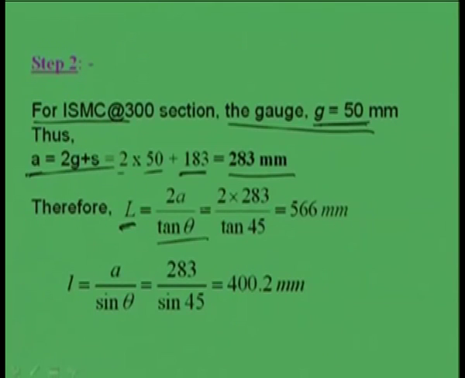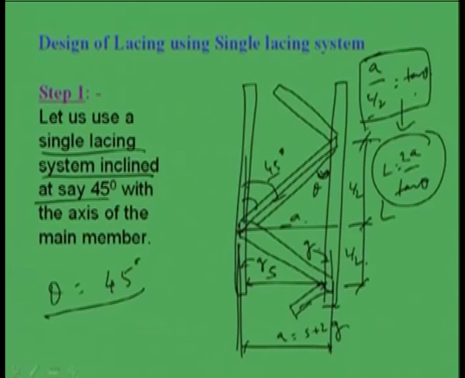So, 2 into A is given 283 millimeter and theta is 45 degree. So, if we put these values, we will get L as 566 millimeter. That means this L is becoming 566 millimeter.